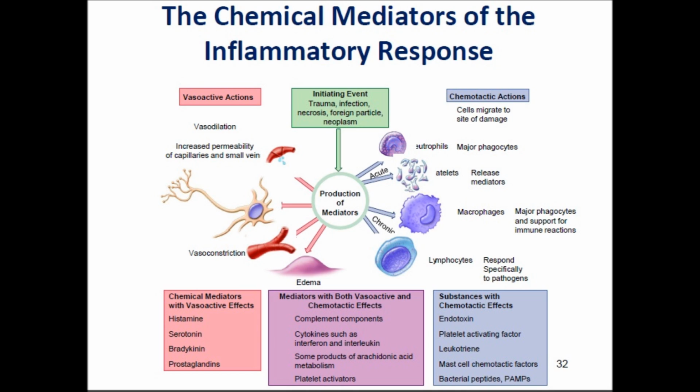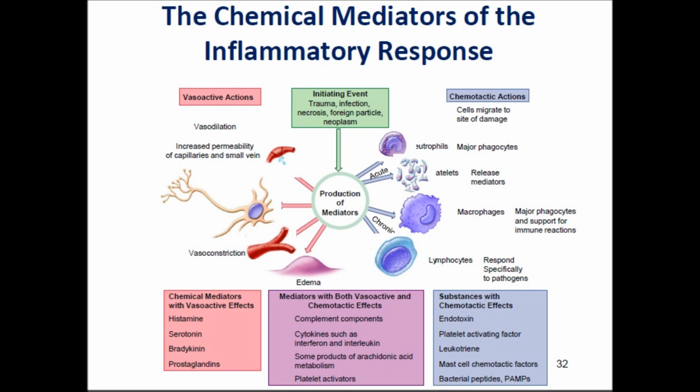There's a lot of flexibility in how much blood flow can go into specific areas. And a lot of those substances that have chemotactic effects come from other cells.